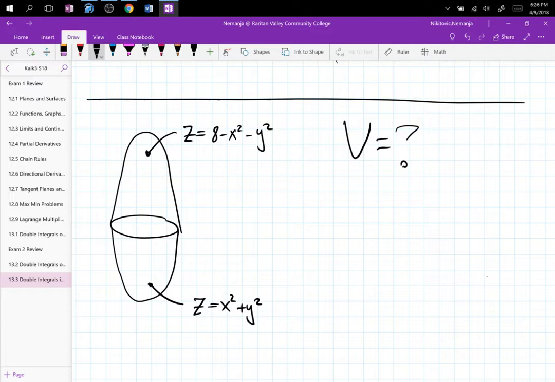So now what do we do with this? Well, I need to know what the domain looks like, and you get the domain when you shine the light on top of the object. It casts the shadow on the xy plane. So this object is almost like a pipe. It's not hollow, right?